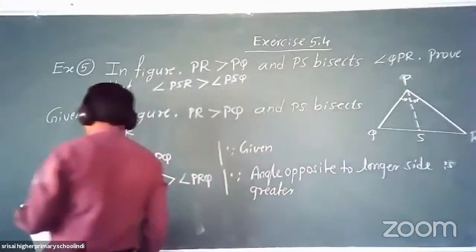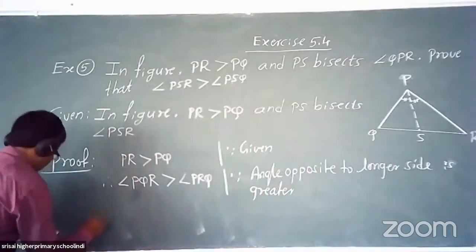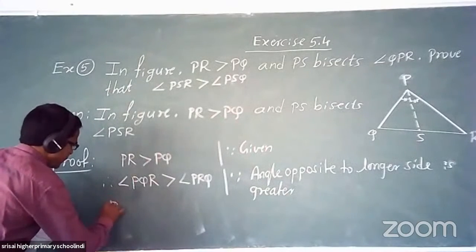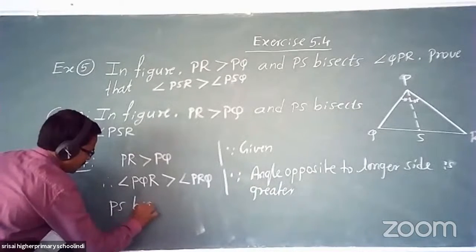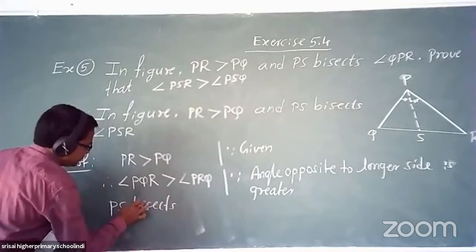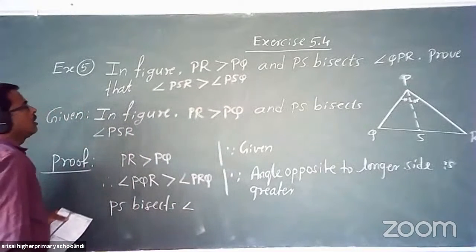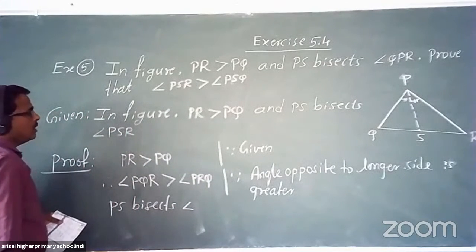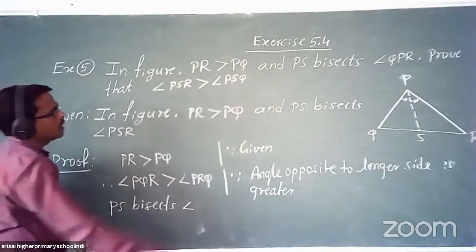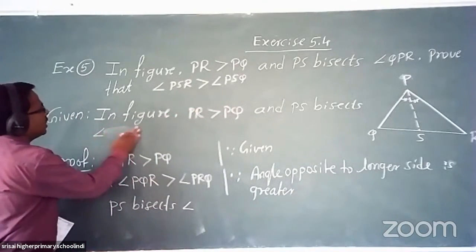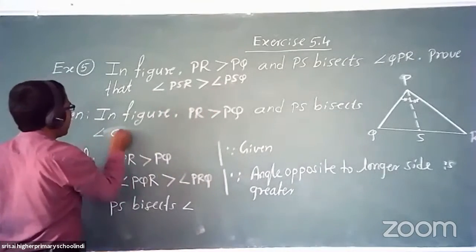So we can write, therefore, PS bisects angle, which angle? QPR. It is not PSR, it is QPR.